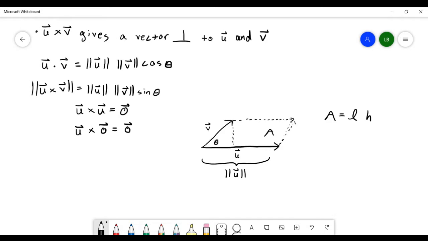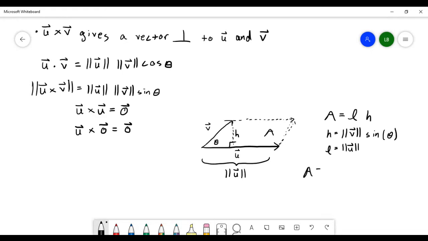We have to say that the height is equal to, using trig, the magnitude of v times the sine of theta. And of course, we found that the length was the magnitude of u.